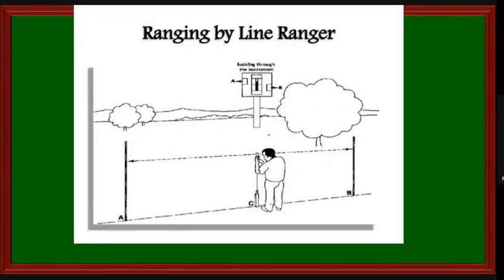Here you are only one person. There is no surveyor or assistant. In simple words, you don't have any assistant. You have to fix the intermediate point on your own.